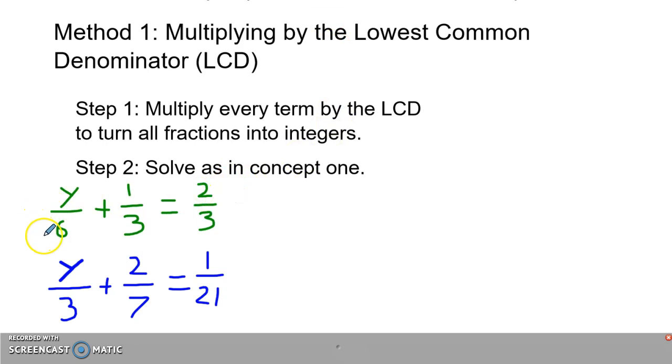So I have a 6, a 3, and a 3 for my denominators. I know my least common denominator is going to be 6 because 3 is a factor. So if I multiply by 6, multiply by 6, and multiply by 6, my 6's will cancel. 6 times 1 is going to be 6, but 6 divided by 3 is going to be 2.